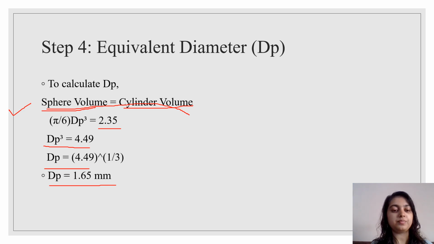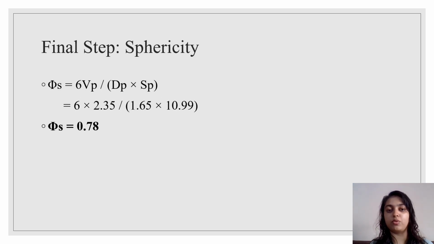Clear? And the final step is what? To calculate sphericity. Now we have the Sp term, the Vp term, and the dp. Now we have all three unknown parts, so we can easily calculate sphericity. So put the Vp, Sp and dp values in the sphericity formula. What is the formula of sphericity? Phi s is equal to 6Vp divided by SpDp.